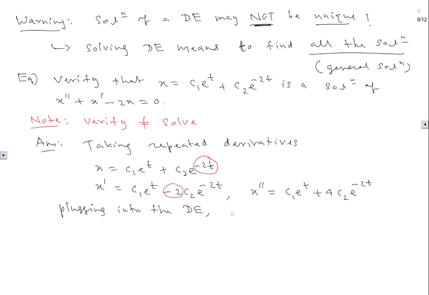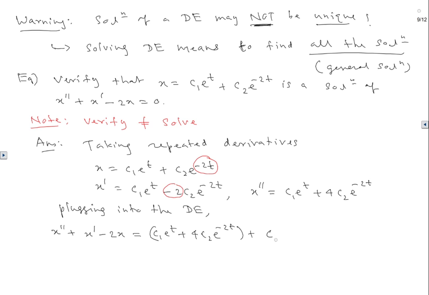So let's plug in. We have x double prime plus x prime minus 2x equals. What is x double prime? c1 e to the t plus 4 c2 e to the negative 2t, and then plus x prime.